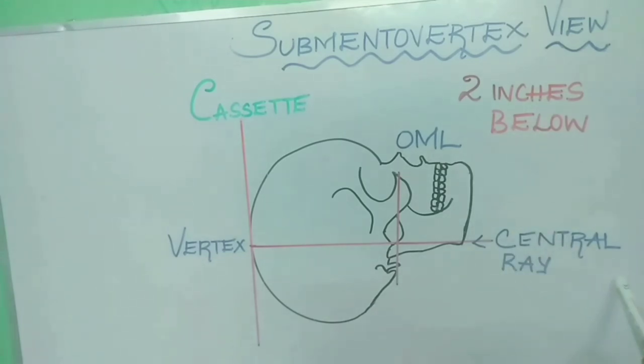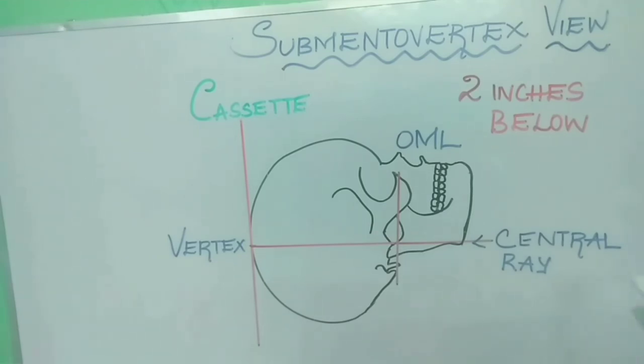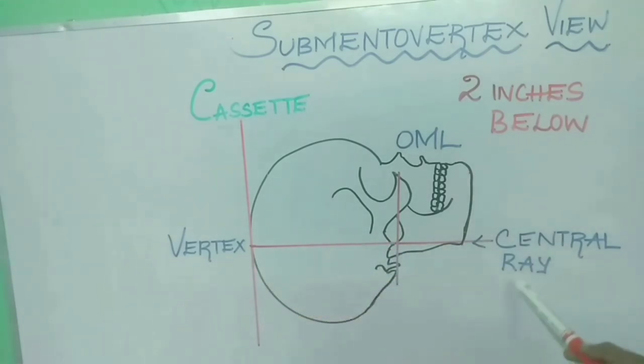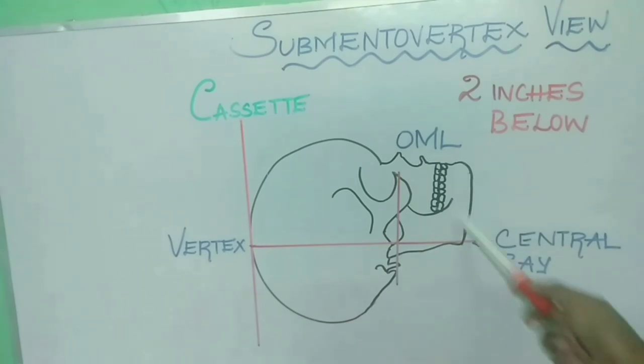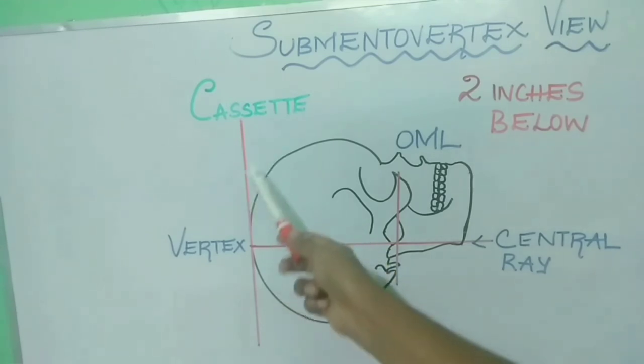Central ray should be directed 2 inches below the symphysis menti region and about 2 cm anterior to a line connecting right and left condyles through mid-sagittal plane towards vertex. And the central ray should be directed perpendicular to the orbitomeatal line and perpendicular to the film.